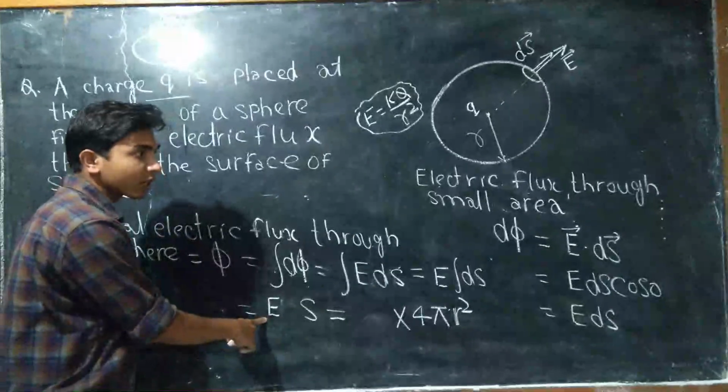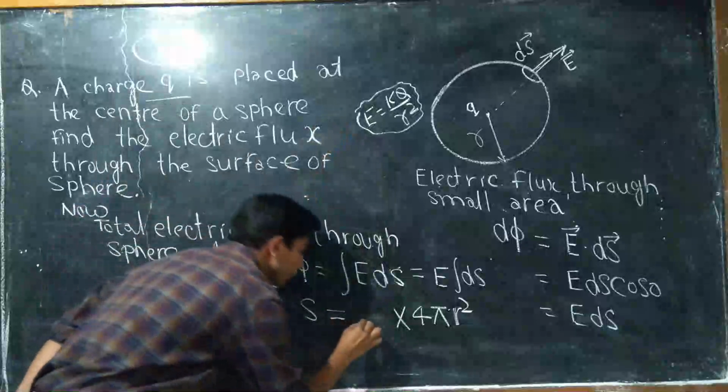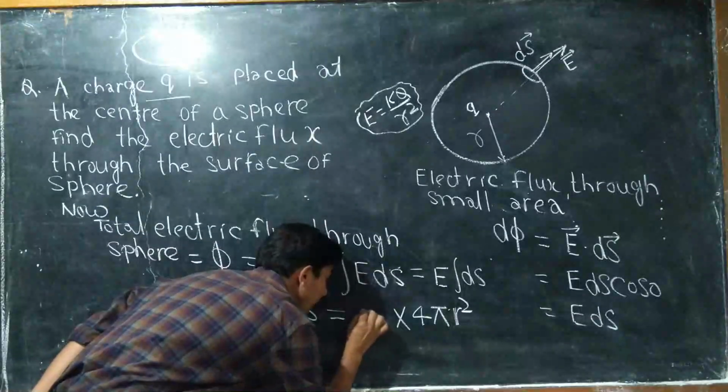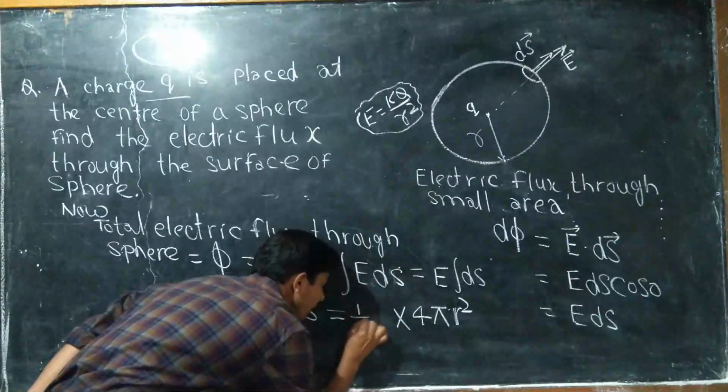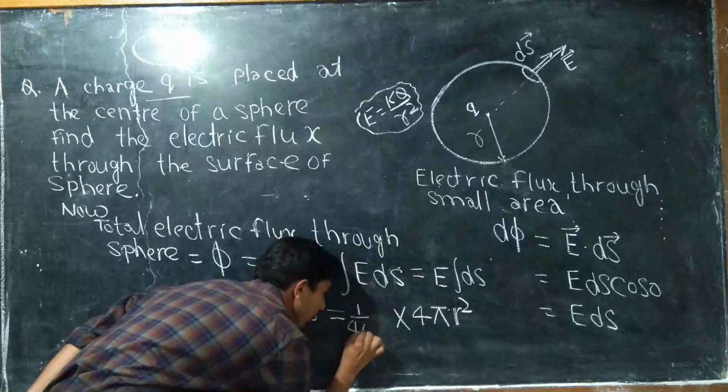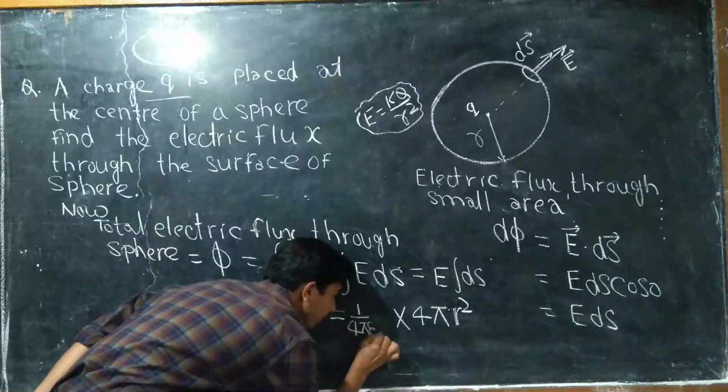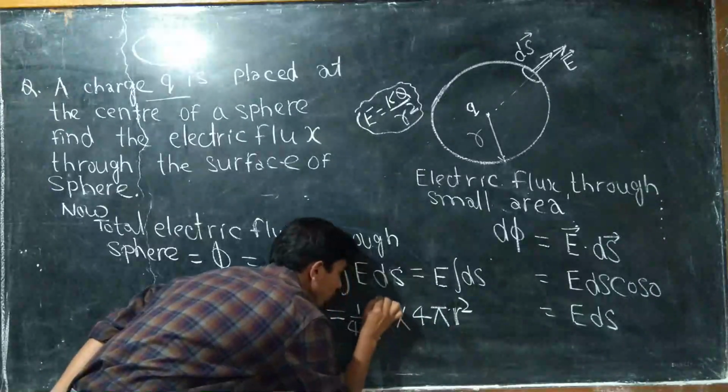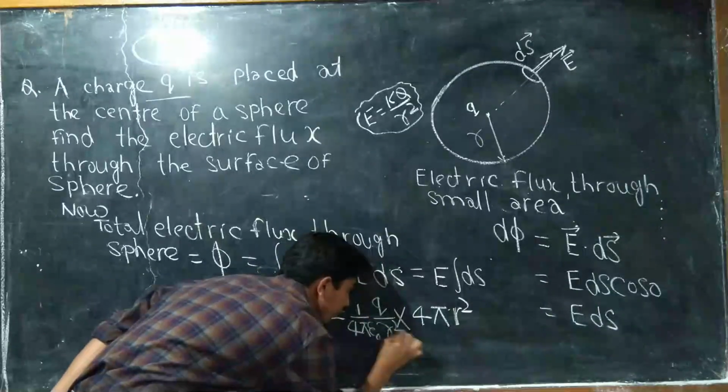And the electric field is 1 by 4 pi epsilon 0 times q by r square.